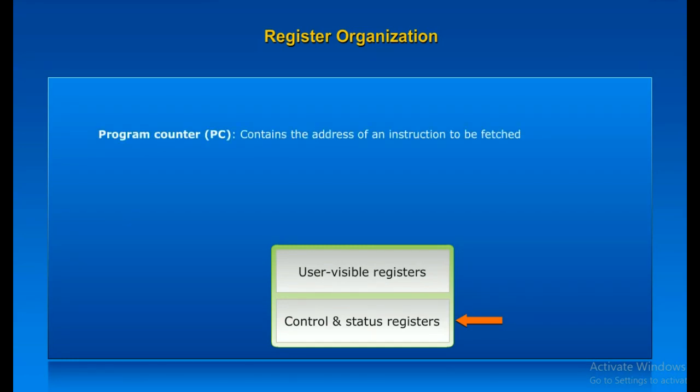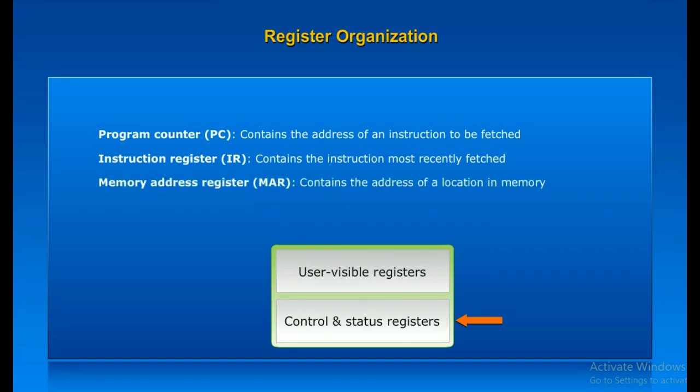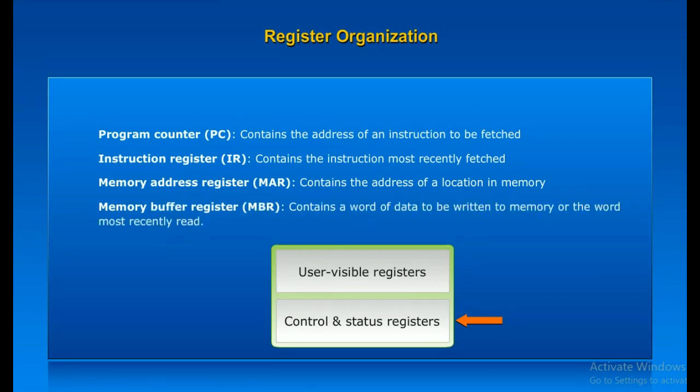Program counter, PC, contains the address of an instruction to be fetched. Instruction register, IR, contains the instruction most recently fetched. Memory address register, MAR, contains the address of a location in memory. Memory buffer register, MBR, contains a word of data to be written to memory or the word most recently read.